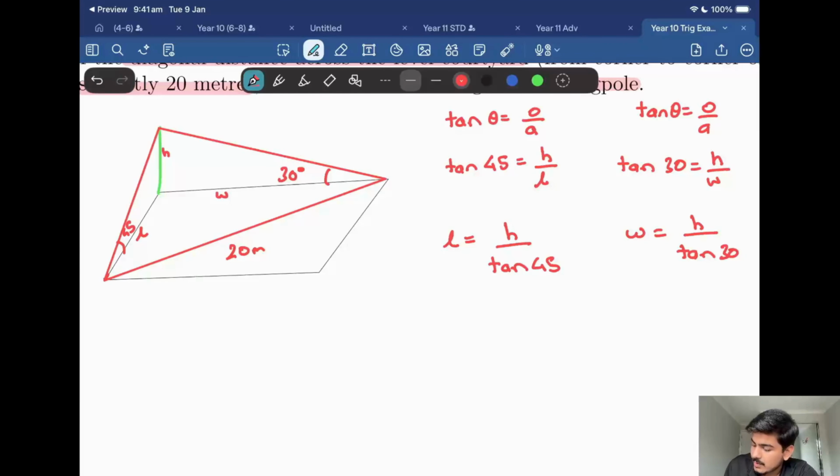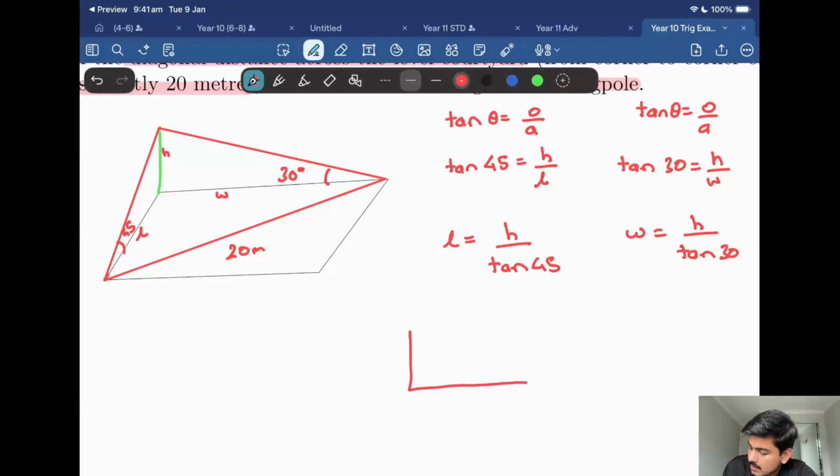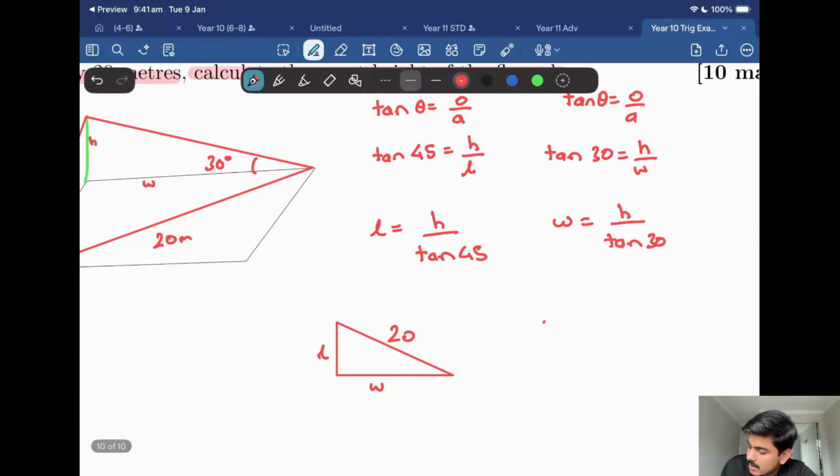We can use Pythagoras' theorem, because this here is a right-angled triangle. Let me draw that out. This is the length, this is the width, and this is 20. So a squared plus b squared is equal to c squared: length squared plus width squared is equal to 20 squared.